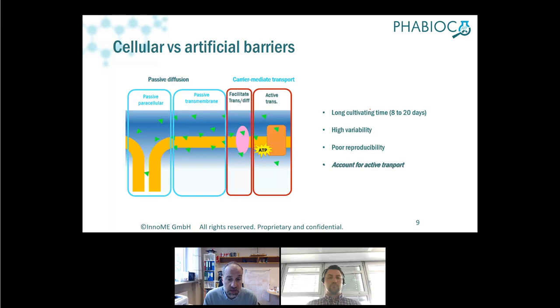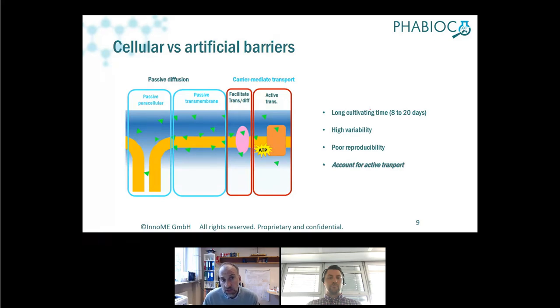They also need a dedicated lab where work needs to be performed in a sterile environment. There is high variability in the results in general and poor reproducibility from lab to lab. But of course, if you use cells, then you can also account for the so-called carrier-mediated transport, the active transport.